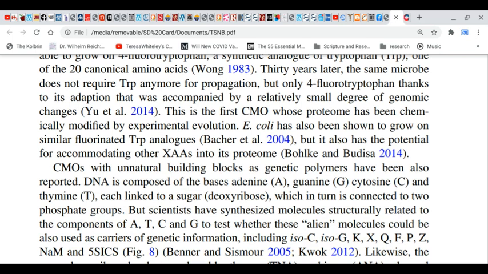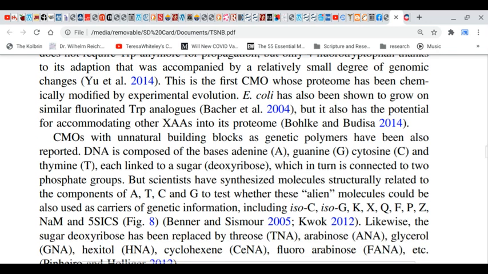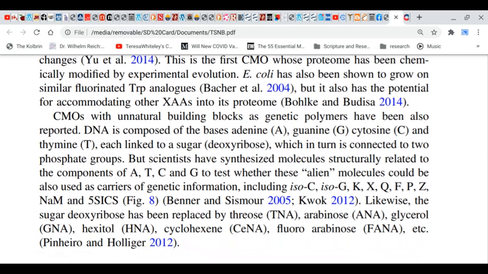DNA is composed of the bases adenine, guanine, cytosine, and thymine, each linked to a sugar, a deoxyribose, which in turn is connected to the phosphate groups. But scientists have synthesized molecules structurally related to the components of A, T, C, and G to test whether these alien molecules could be used as carriers of genetic information, including iso-C, iso-G, K, X, Q, F, P, and Z, NaM, and 5-SICS.